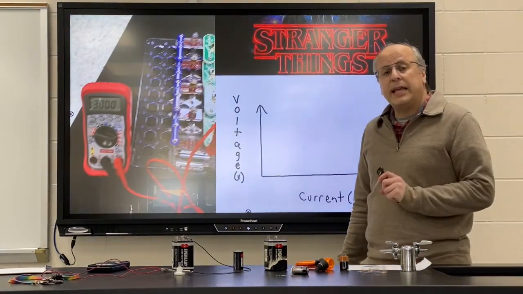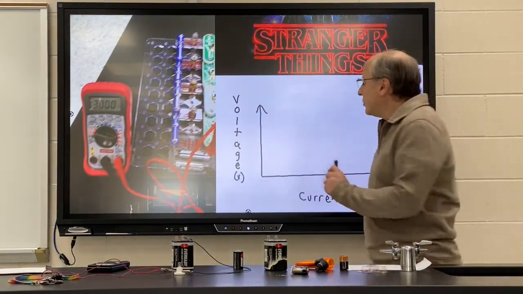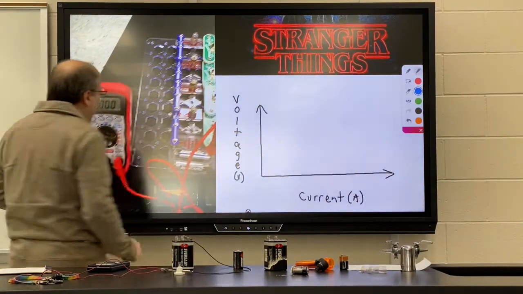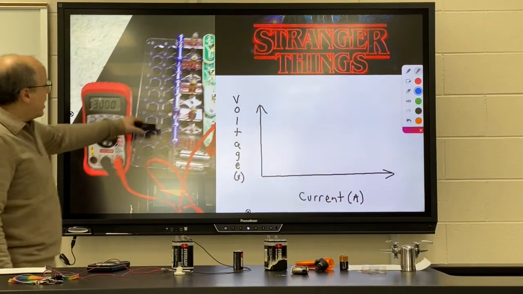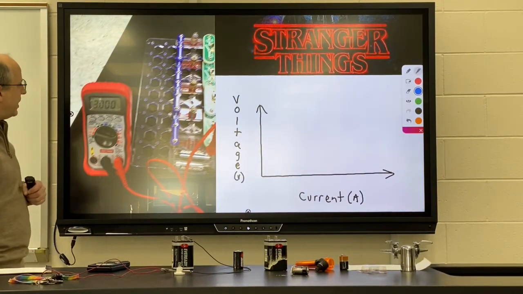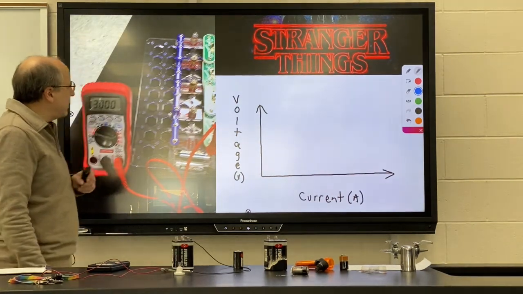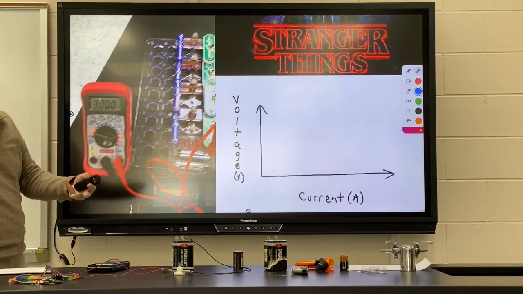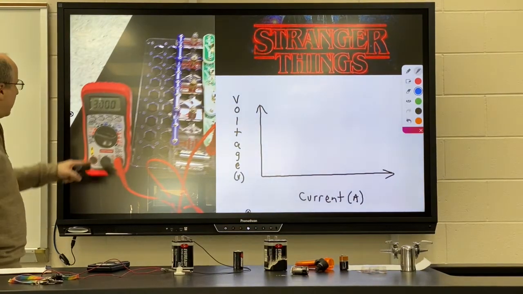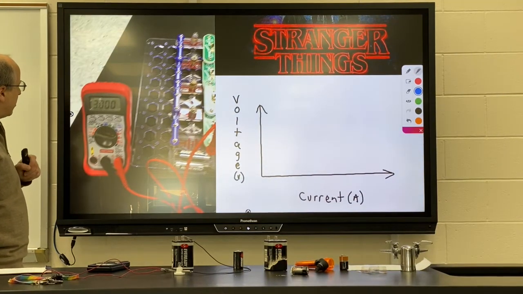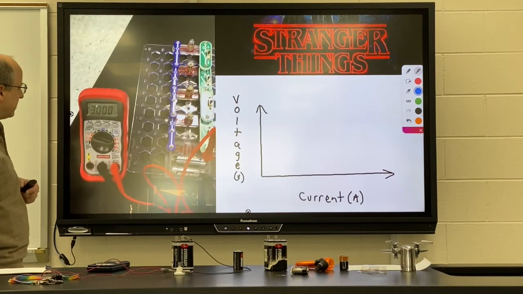However, let's take another look at things. So I built the circuit using two 1.5 volt batteries. I've got 4 light bulbs hooked up in parallel, and I've got switches that will allow me to turn on one or more of the light bulbs at a time. You'll notice when nothing is turned on, it reads 3 volts.